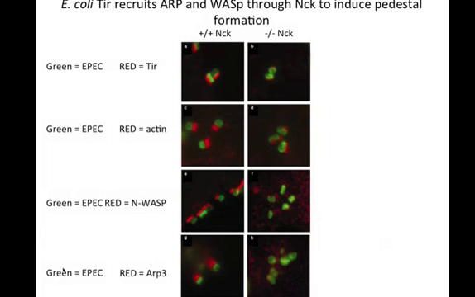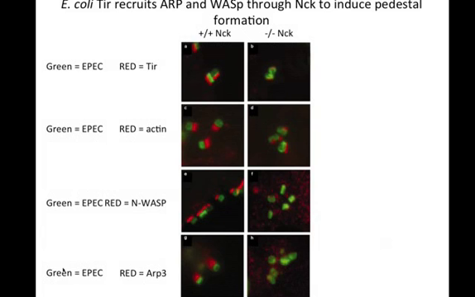So there was this one figure that you all looked at where the green, in all of them, is your E. coli, and these were in these NCK knockout cells. And so here they're looking for EPEC, E. coli, and here interaction. Obviously, they're going to be interacting regardless of NCK. But here is WASP.